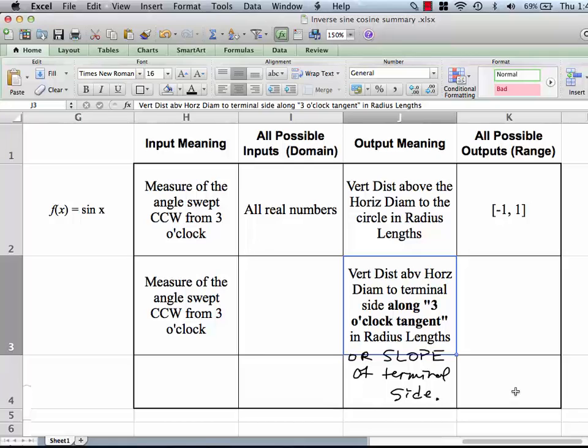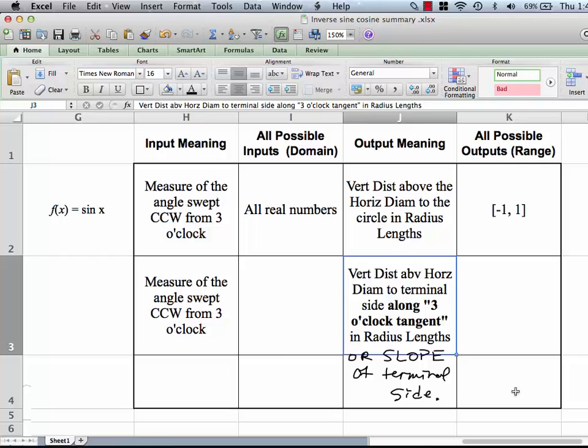Another way to talk about it, so there's two ways to talk about the output of tangent: the slope of the terminal side, or the vertical distance along the 3 o'clock tangent measured in radius lengths up to the terminal side. Both of those are valid meanings because they're the same value given an angle.